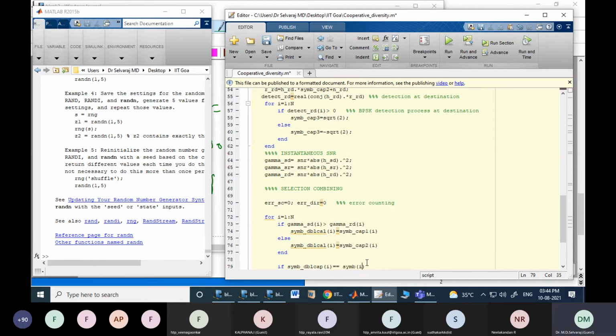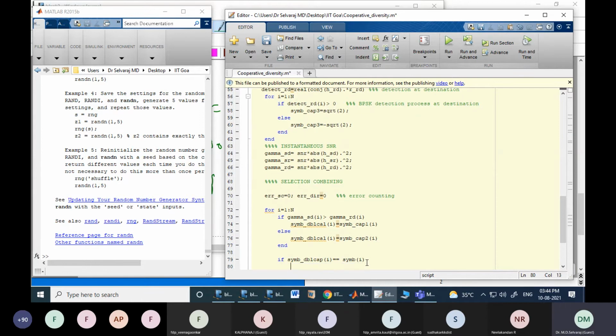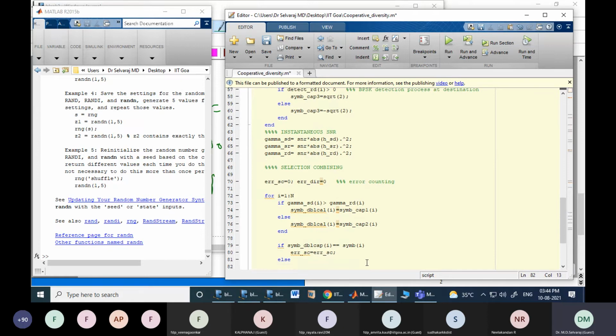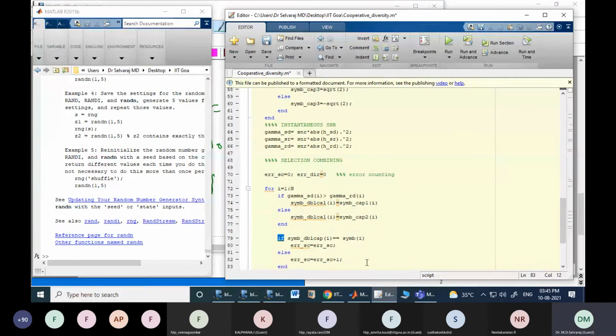If it is exactly the same, that means whatever detection I did is correct, so I don't increment the error; it stays the same. Else, if it is not equal, then I increment it by 1. One error has been added because it is not matching.